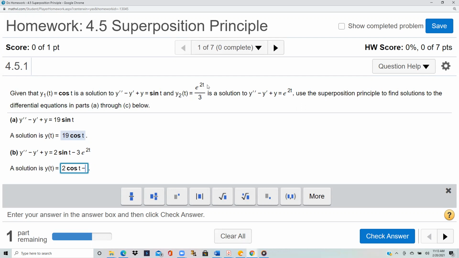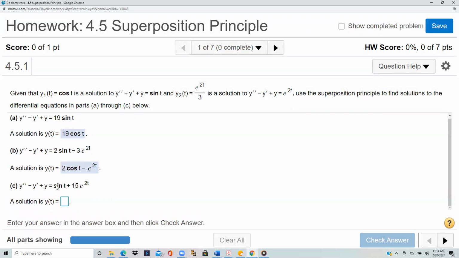So this was the original solution, e2t by 3. You multiply this by 3, you just get e to the 2t. Right, e2t by 3 was the solution of this one. And when this gets multiplied by 3, you get this multiplied by 3.